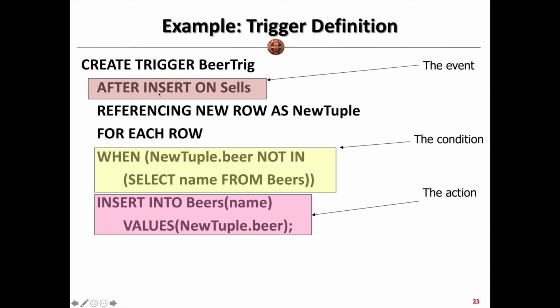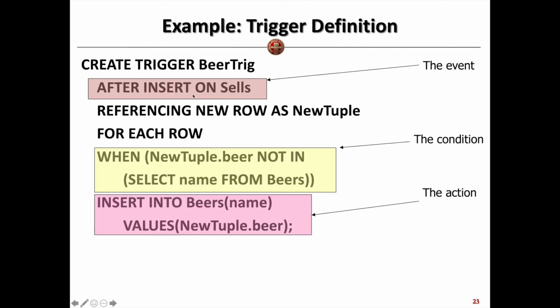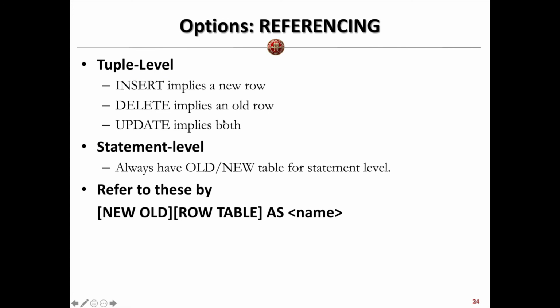Here we are working on this insert on the sales table. Therefore, we can have a new row, right? Therefore, we have this referencing new row as new tuple. However, if we do a delete in the event, like after delete on sales, we will need to write referencing old row as a name, right? And delete will imply old row.